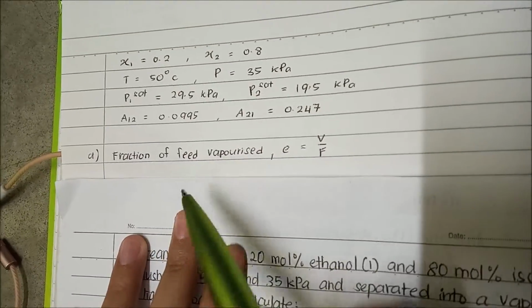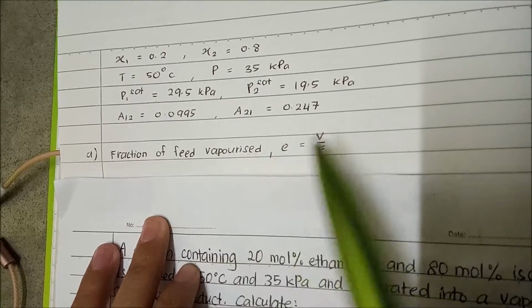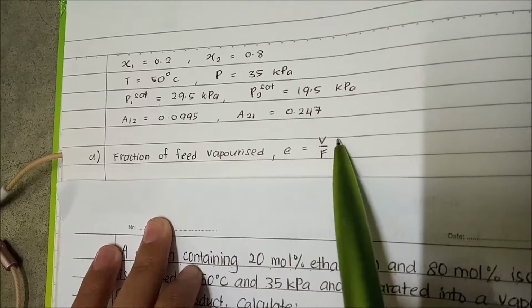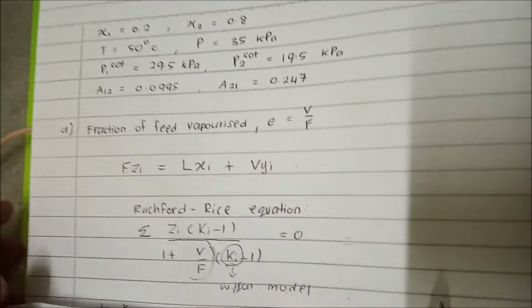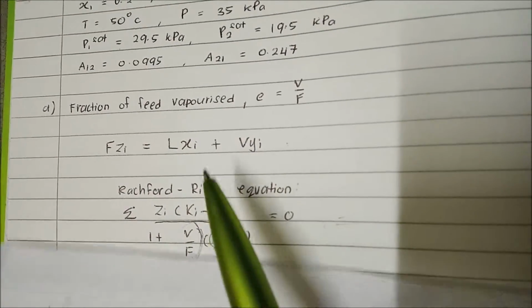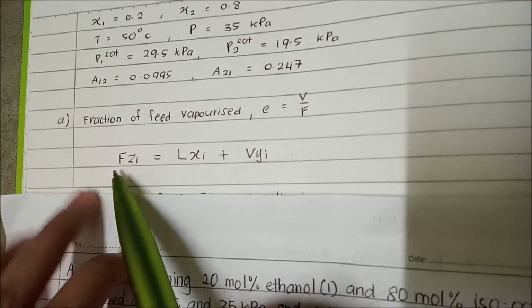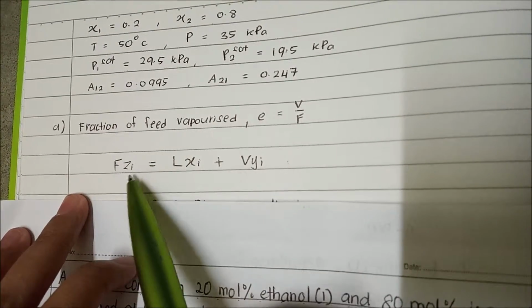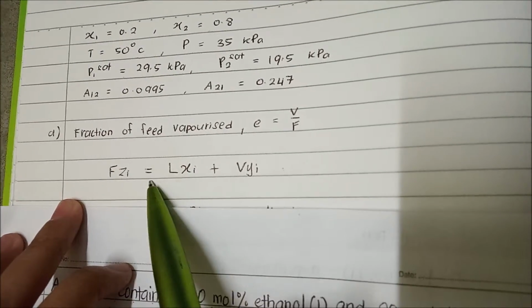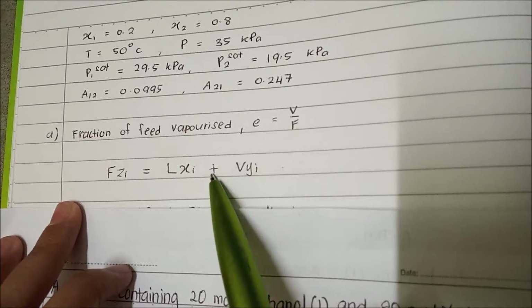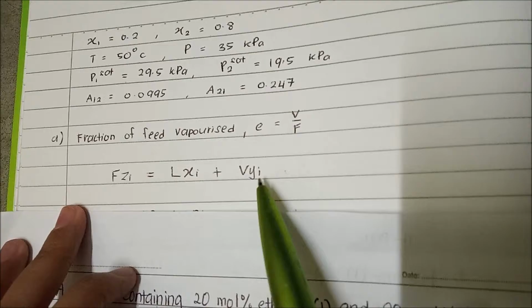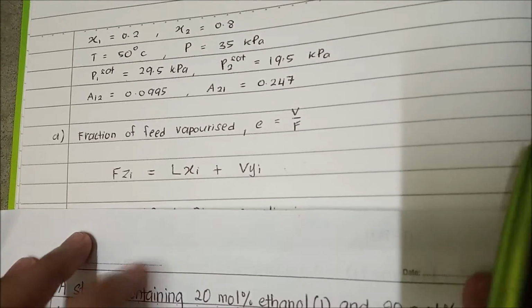The first question asks us to find the fraction of feed vaporized, which is the mole of vapor divided by the overall mole. To solve this problem, we need to use this relation where the overall mole times the overall composition is equal to the liquid mole times the liquid composition plus the vapor mole times the vapor composition.